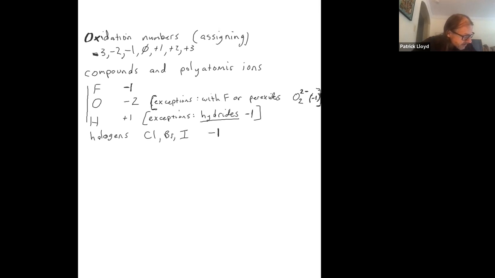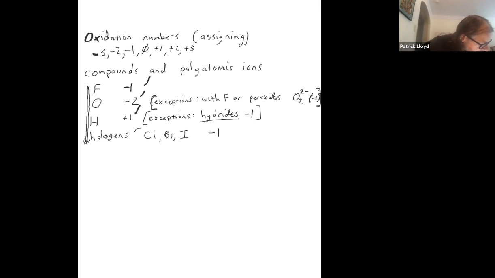The order of hierarchy is that fluorine in a compound or polyatomic ion will always be -1. Oxygen, notice that there are a couple of exceptions. Hydrogen, notice there's an exception. And then you have the halogens. So the order is important. This rule never gets broken. This rule gets broken a little bit. These ones can get broken more frequently. There are more exceptions to those.